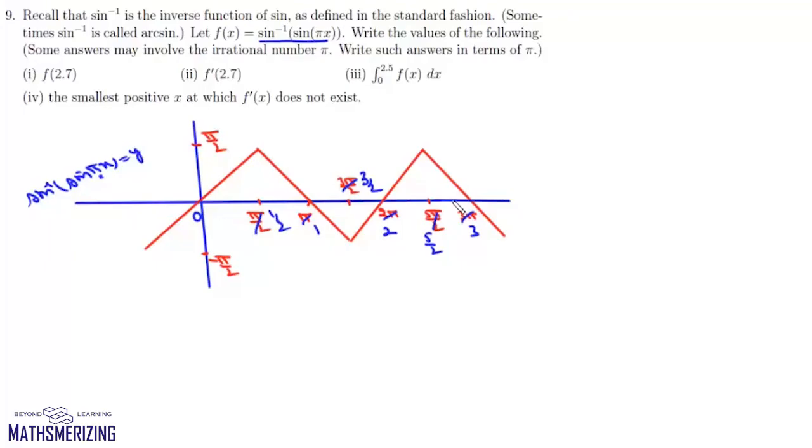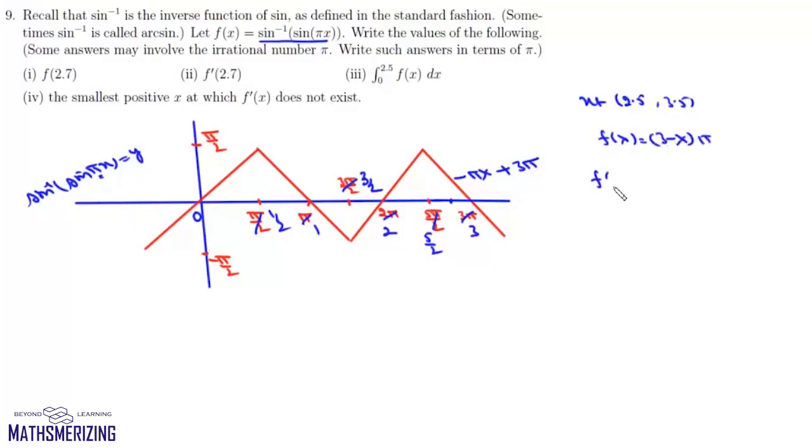Now 2.7 will lie in this region, and in this region we have to find the equation of this line. The equation of this line will be minus pi x, and then this graph is going to intersect at 3 pi. So when x lies between 2.5 and 3.5, in that case f(x) is defined as 3 minus x into pi.